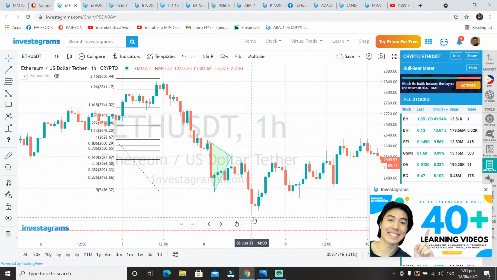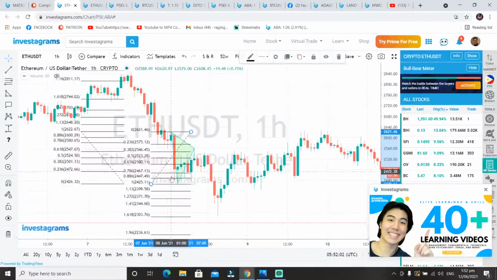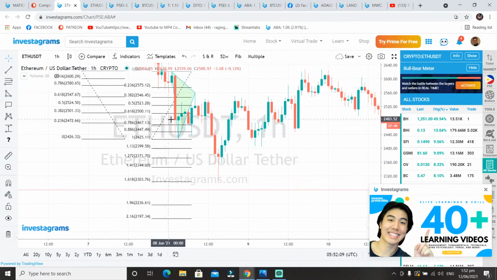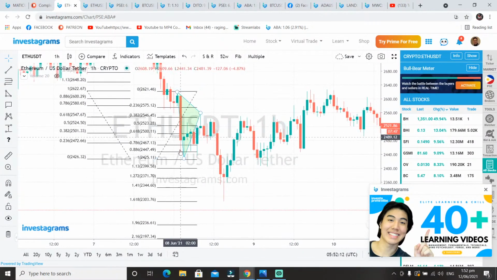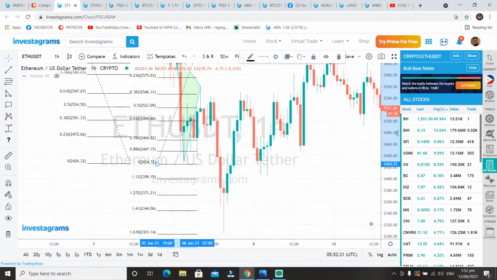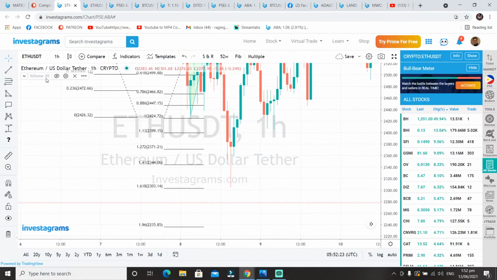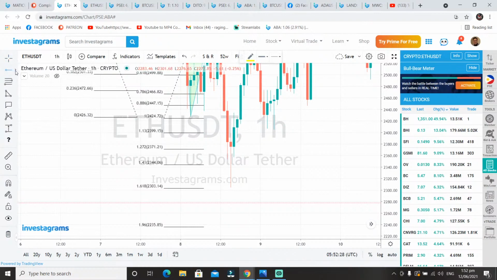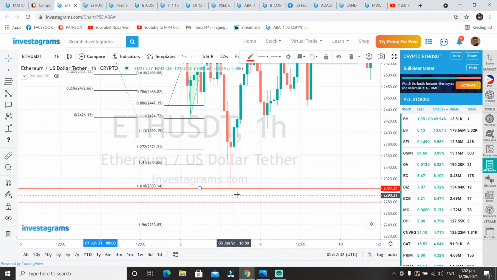So C is, I'll show it to you again. Let's see if it actually touches. Did it touch? Actually, technically, no. So if we're going to make a line, it didn't touch the 161 level.